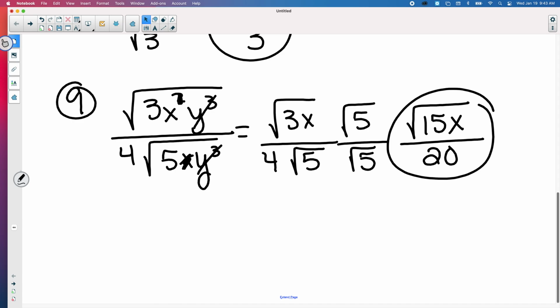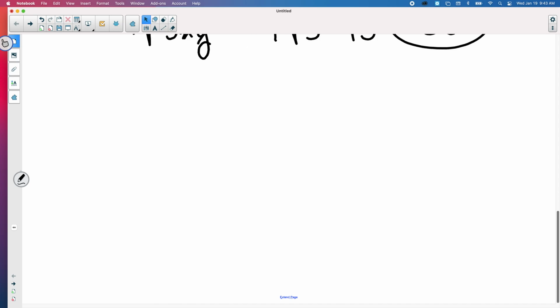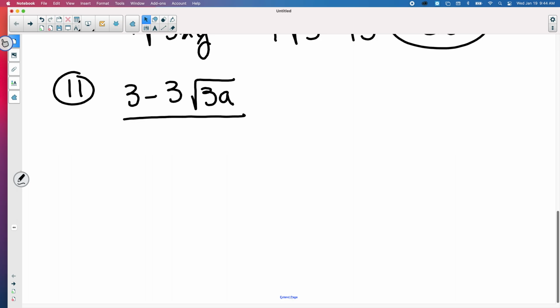Alright, let's look at number 11. So, if you have addition or subtraction on top, you cannot cancel.